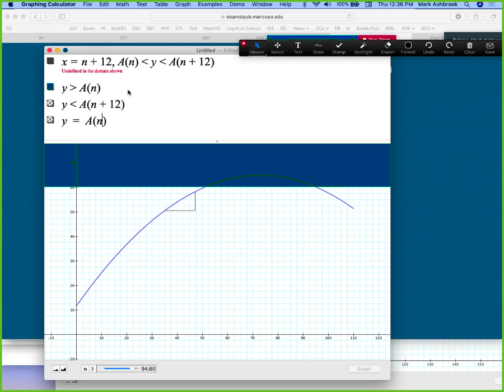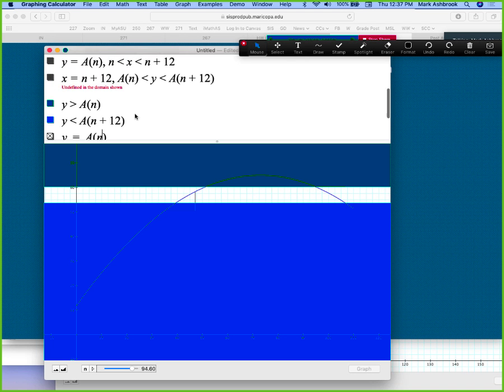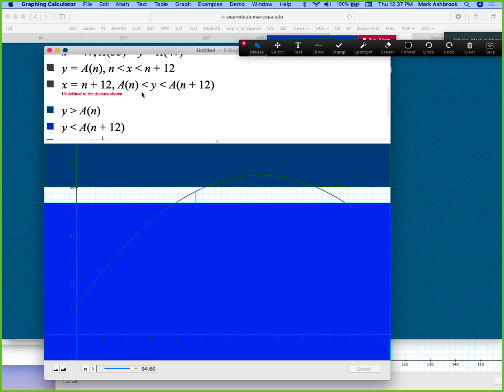And then what about less than n plus 12? And will there be any overlap between those two sets of points? Are there any points they have in common? That's why this doesn't work. Because these two statements together make up this one.